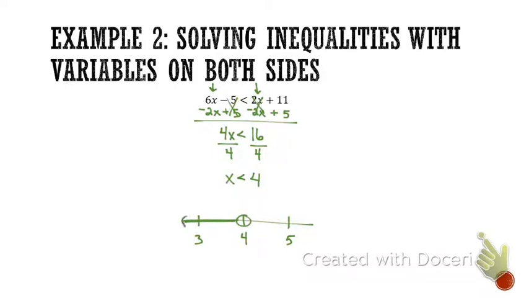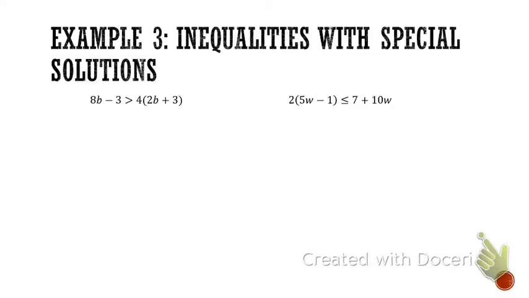All right, at any point if you guys need to pause to catch up or to finish solving, just remember that pause button is always there. All right, so variables on both sides, no problem. I shift them around and then I can solve. But then we have something called special solutions.